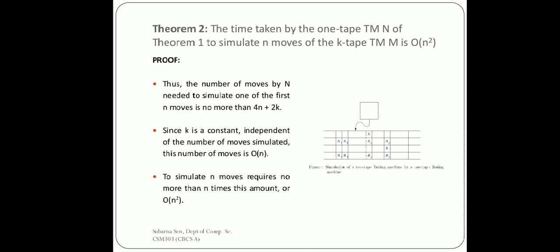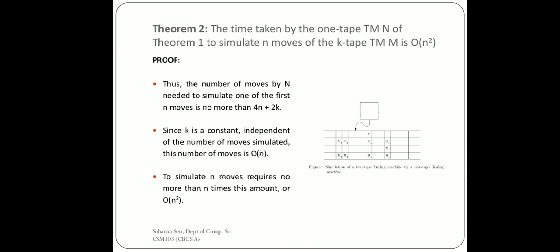So for a single move, 2n from left to right and 2n from right to left is 4n for the cells, and the track movement is 2k. So 4n plus 2k. Here k is a finite number, we have assumed that, so the complexity of this will be order of n.